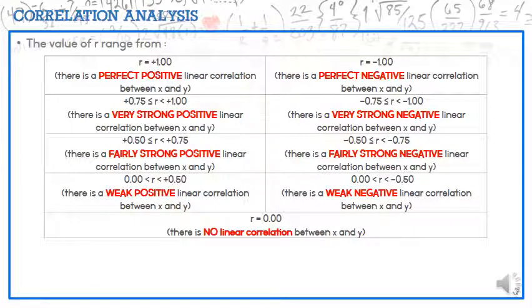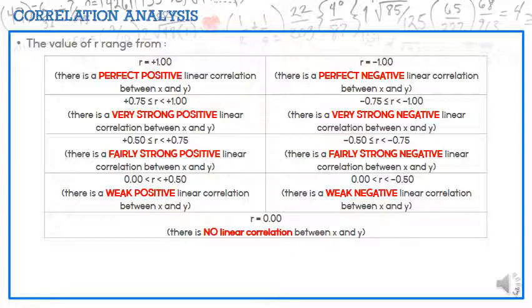So the value of R ranges from -1 to +1. This describes the magnitude, or the strength, of the relationship. If you have R = +1, it indicates that there is a perfect positive linear correlation, or linear relationship, between X and Y. Positive indicates the direction and 1 indicates the magnitude, where 1 here represents a perfect correlation.